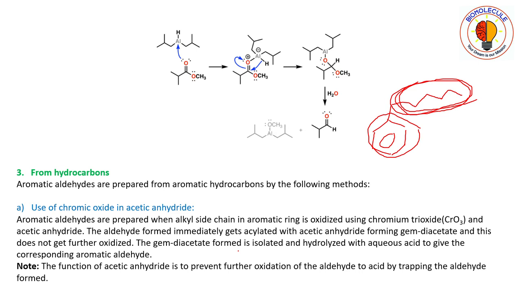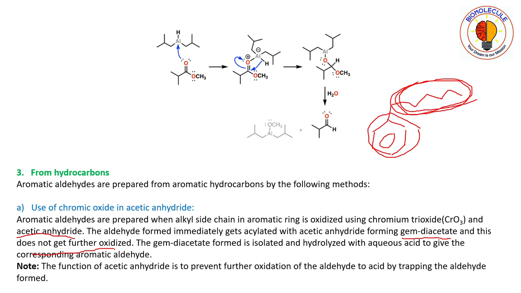The aldehyde formed immediately gets acylated with acetic anhydride. The use of acetic anhydride here is to acylate, forming gem diacetate, and this does not get further oxidized.